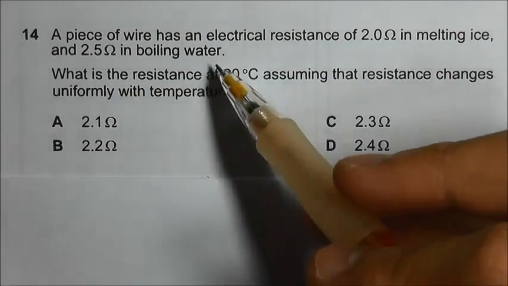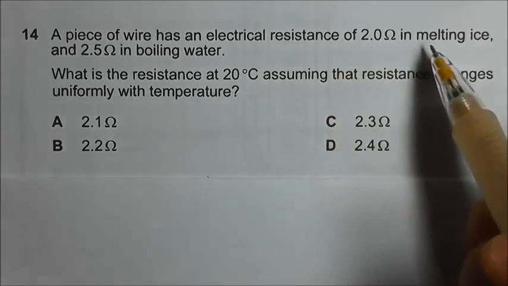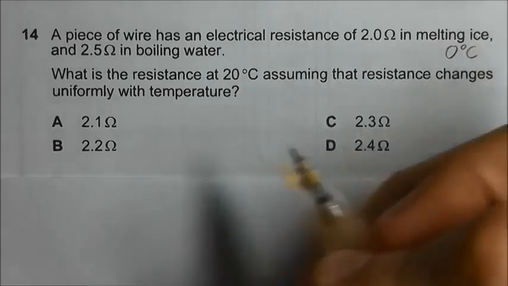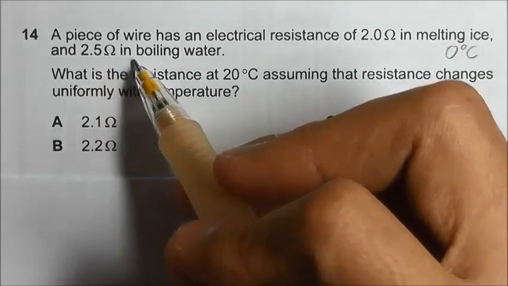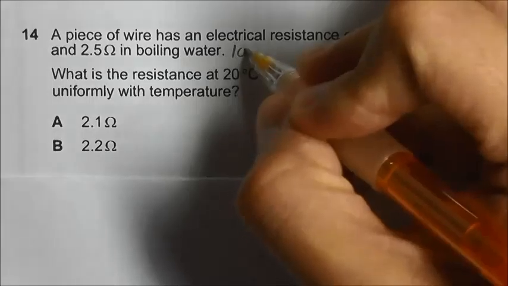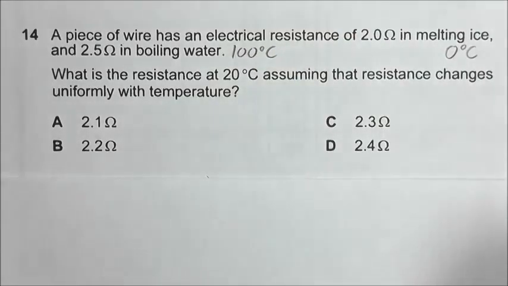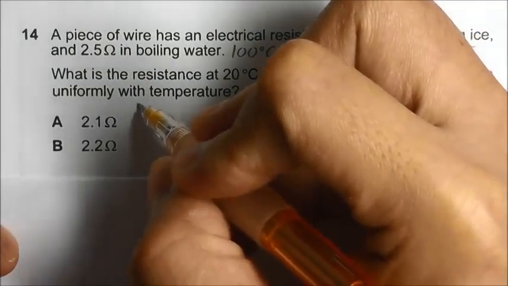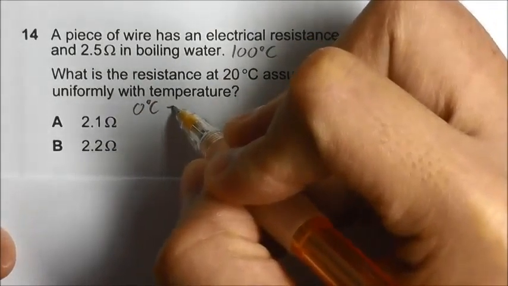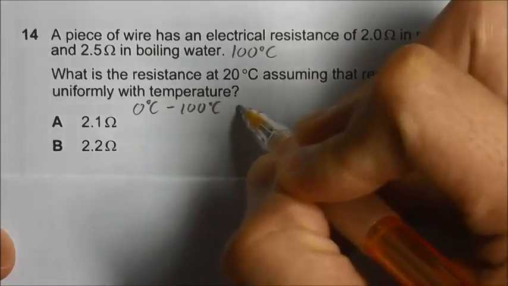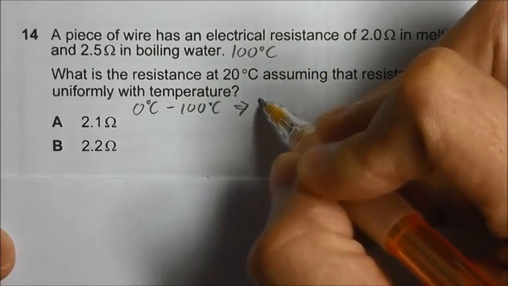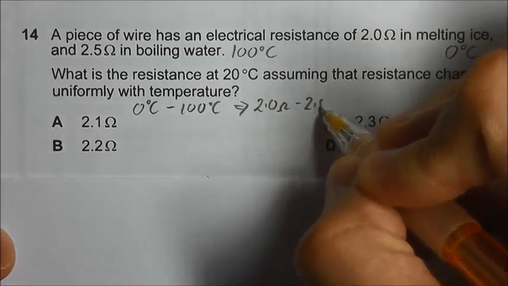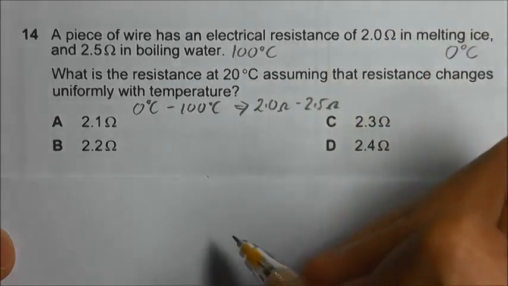A piece of wire has an electrical resistance of 2 ohm in melting ice of 0 degrees Celsius and 2.5 ohms in boiling water of 100 degrees Celsius. So in this case, we can say that as the temperature changes from 0 to 100, the resistance changes from 2 ohm to 2.5 ohms.